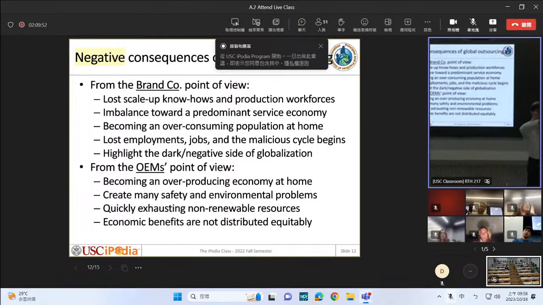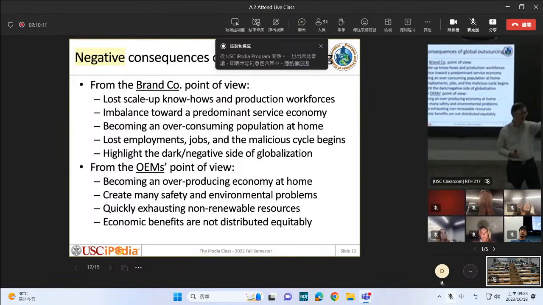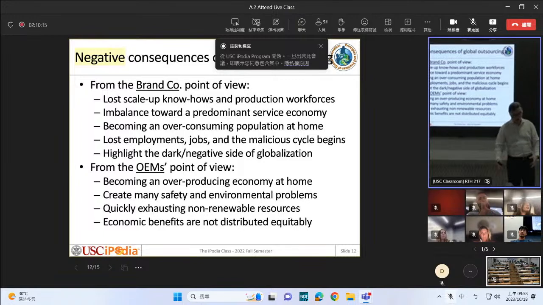If you look at United Nations number, you will find out the developing country actually benefit much, much more in outsourcing than the underdeveloped country. Okay, and that certainly is true inside each economy, each nation.